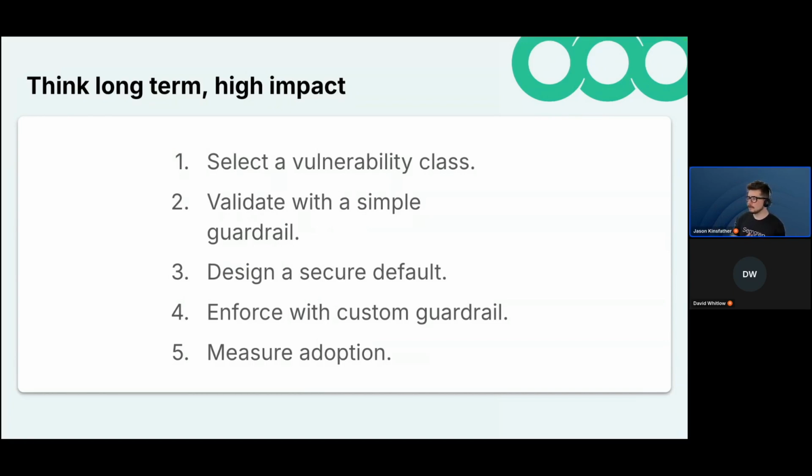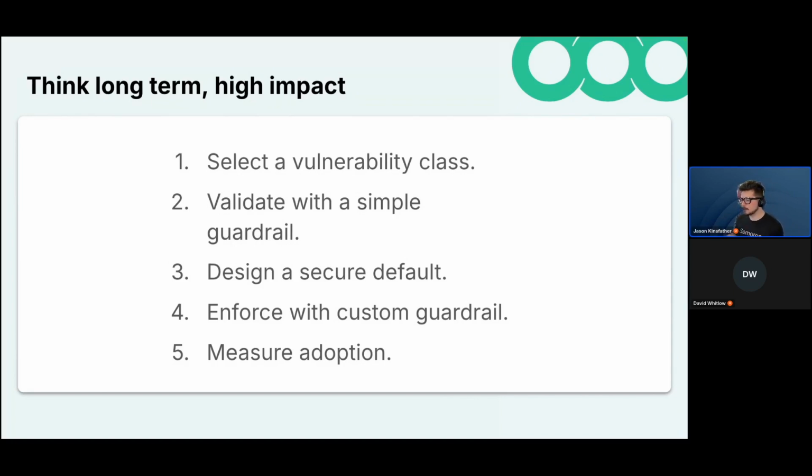Are there really common vulnerabilities that keep cropping up again and again that your team has to engage with developers on because they're confusing or whatever? If you eliminate those, will that then free up your time to focus on the things that actually matter? So that's one way to select a vulnerability class.